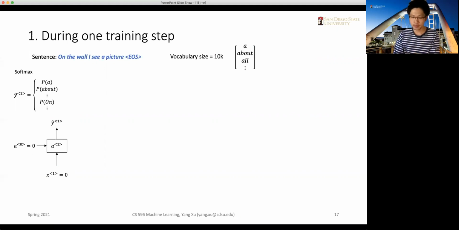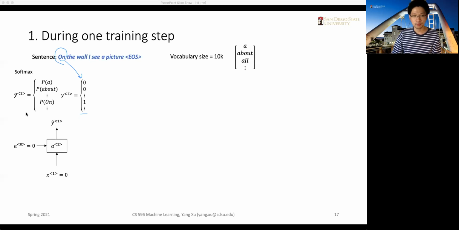And this y hat 1 will be compared with the ground truth, which is the 1-hot encoding of the word on. So now it's a typical classification problem. It's not logistic, it's a softmax regression or a multinomial classification.